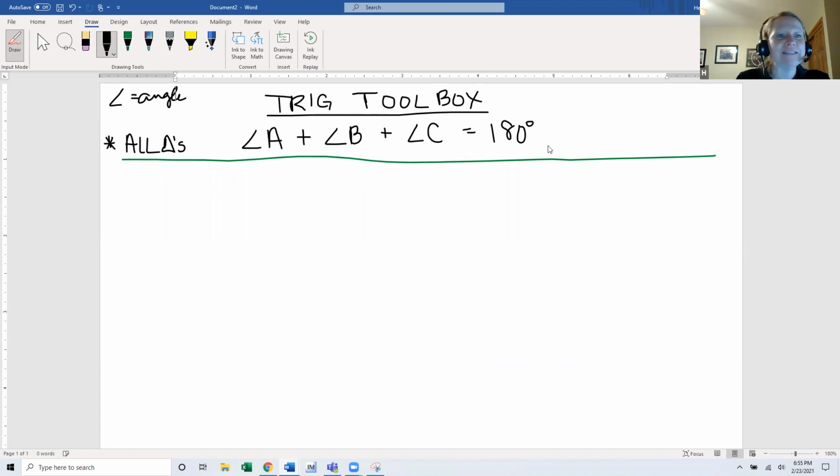Once we get past this one, now everything else in our toolbox, I have my little cheat sheet that I'm going to look at to make sure I don't forget anything. Everything under here is for right triangles only. So the next bit of our toolbox will not work unless we have a right triangle. Now a right triangle, I'll draw a bigger one here in a second, always has this little box in the corner or some way that we're supposed to know that it's a right triangle.